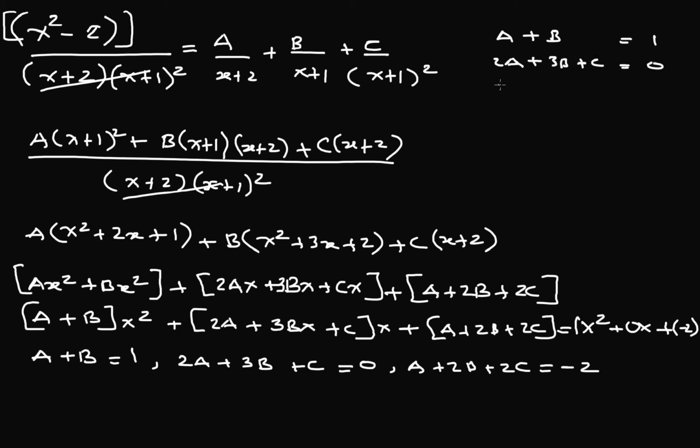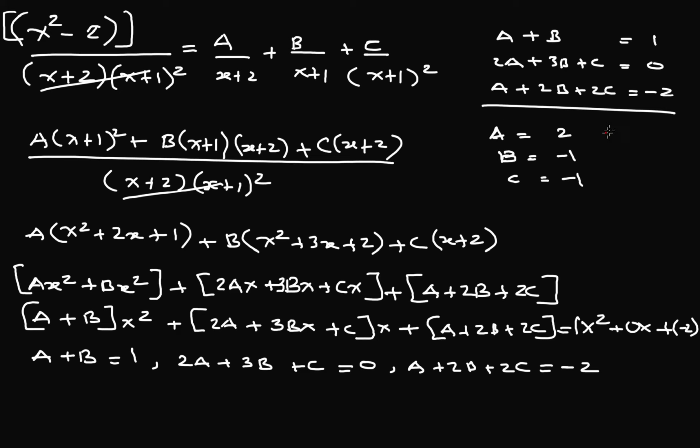Then we have a plus 2b plus 2c equal to minus 2. So then we solve for this, and then we will create our partial fraction. But we have a number of series where we solved simultaneous equations. So if you're in doubt, you can go and see those, but I'll present the answers here.